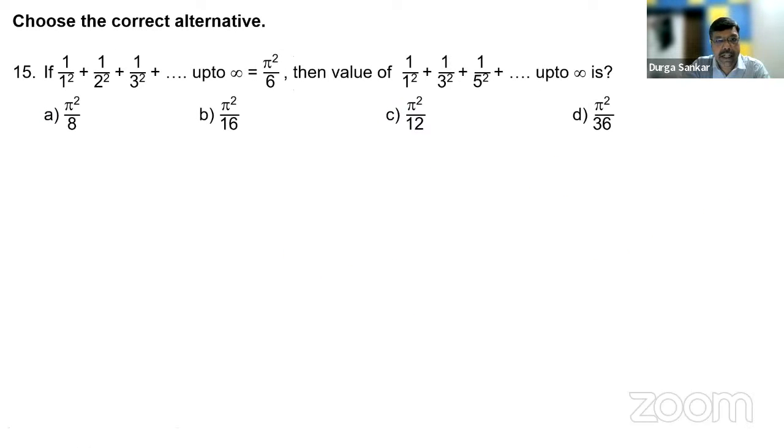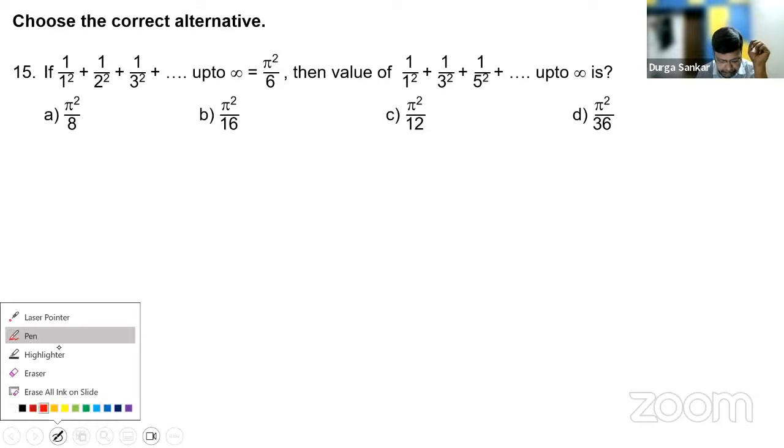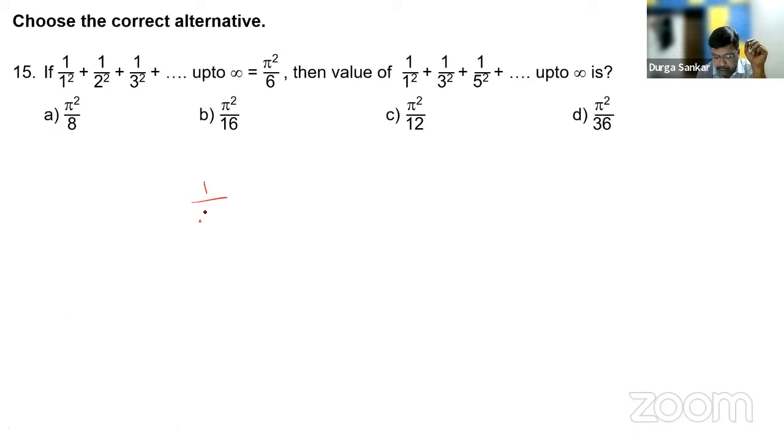Then 14th is done, 15th, right? So here, if I want 1 by 1 square plus 1 by 3 square plus 1 by 5 square, so on to infinity. So I want the sum of terms for which the denominators are squares of odd numbers.